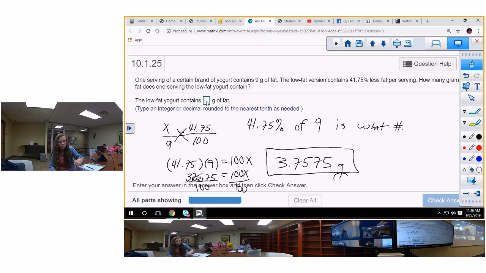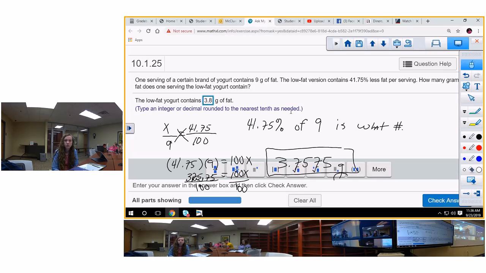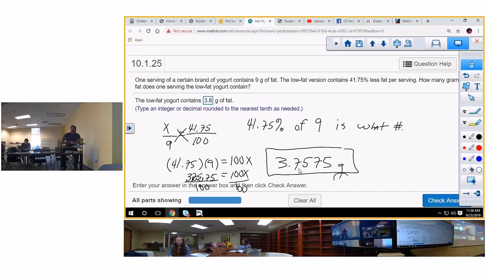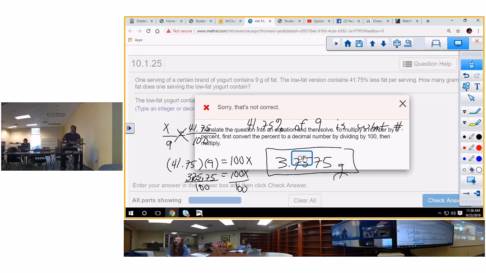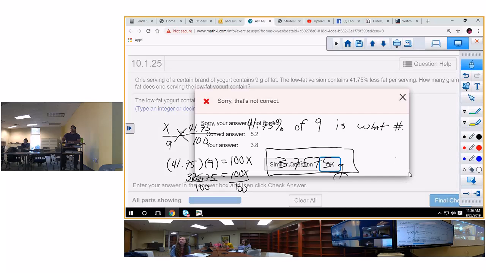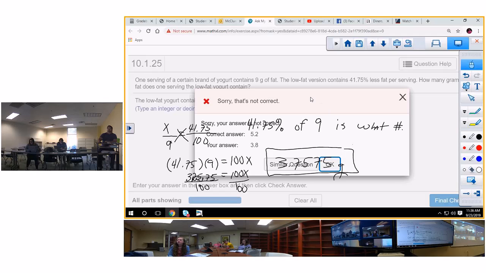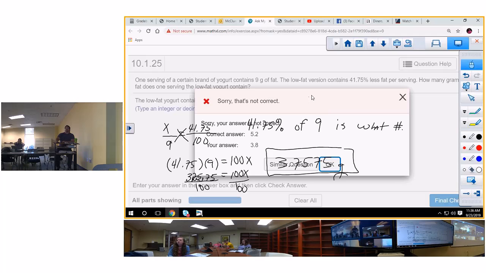Question on that one? Mine says wrong. Well, last time I checked, that was 3.8, but we'll check it, see what they got. 3.76. 5.2. What? Okay, we're going to use a little bit of common sense here. What's half of 9? 4.5.